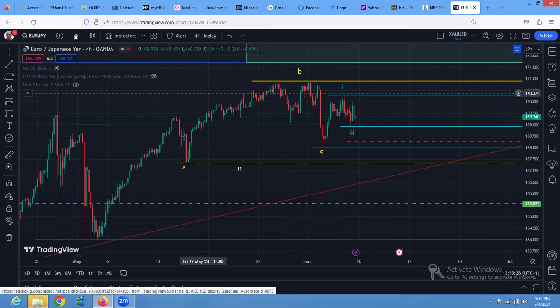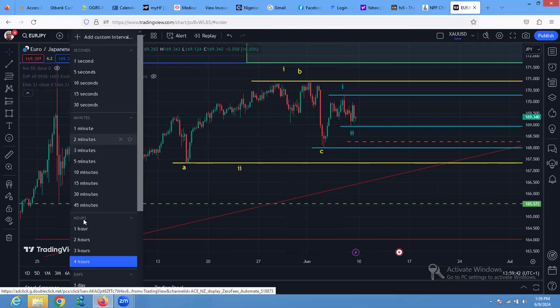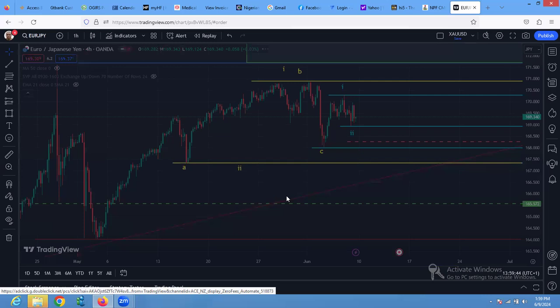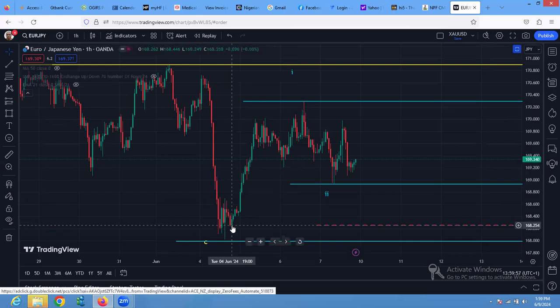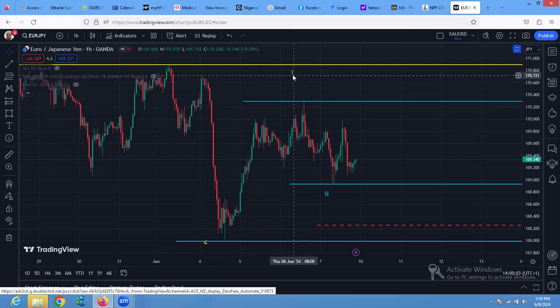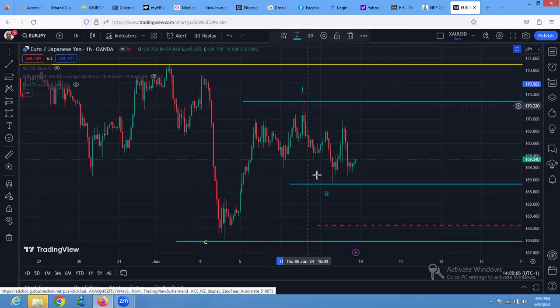Let's go inside of a 1 hour. We know that this one has run like 5 waves to the upside. 1, 2, 3, 4, 5 to finish this wave here on the 1 hour time frame. Are you following me? So this is like an A, B, C here.